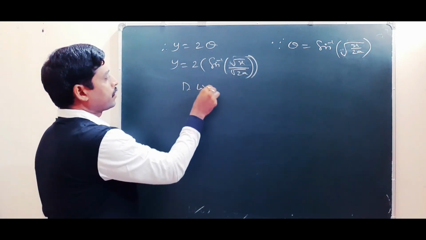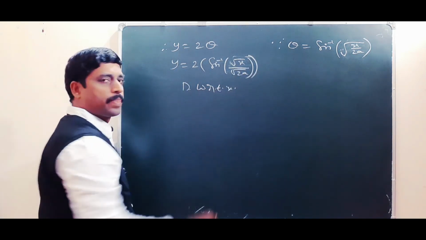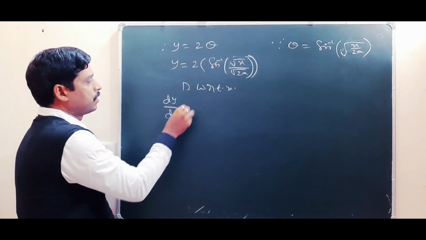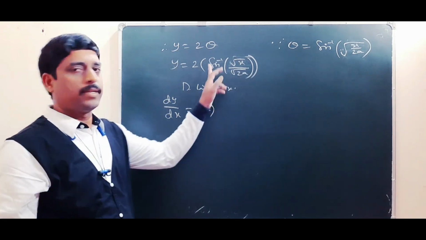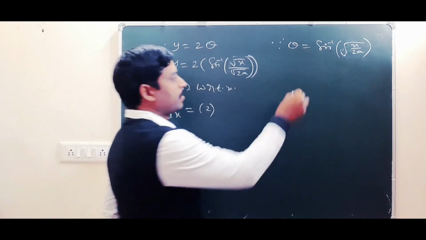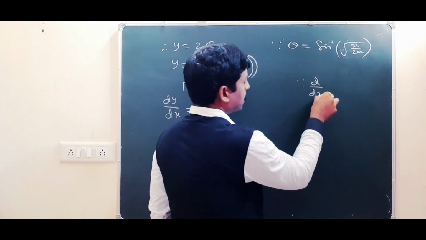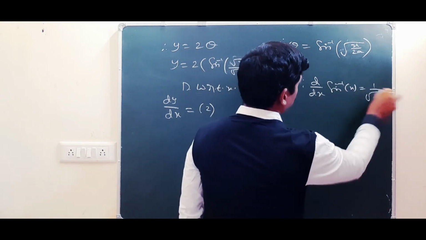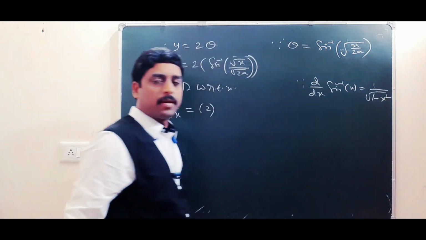Now differentiate with respect to x on both sides. The differentiation of y gives dy by dx. 2 is a constant. The differentiation of sin inverse x is 1 by root 1 minus x square.